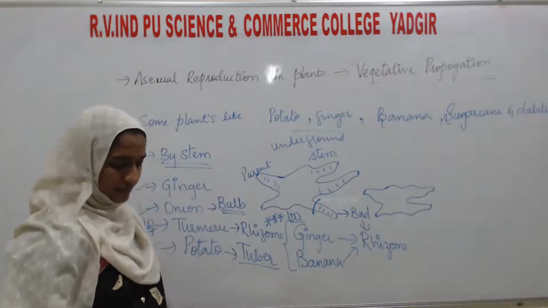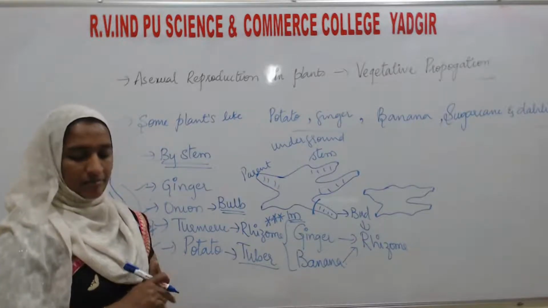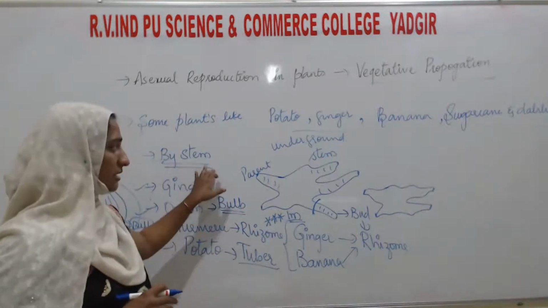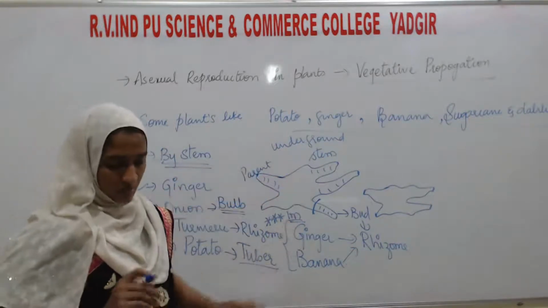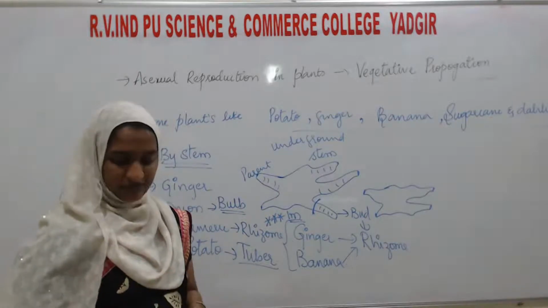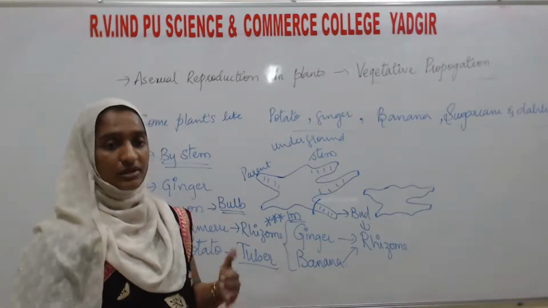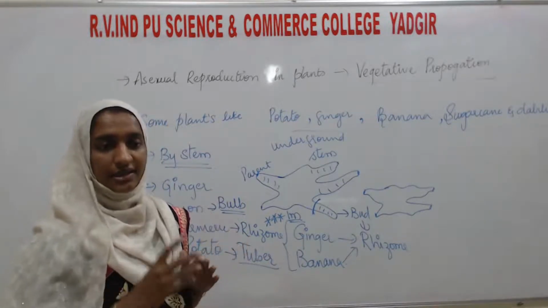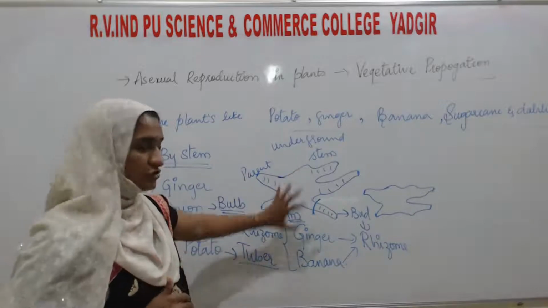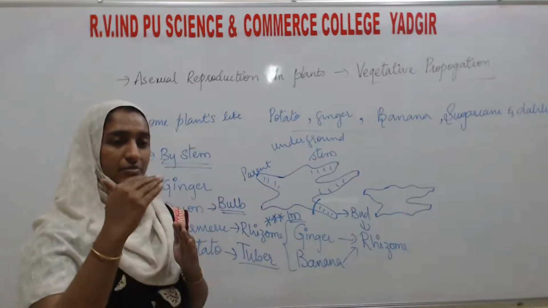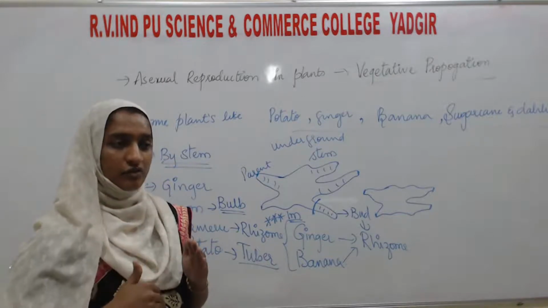Then next, one more example is there, aerial stem. We will see here by stem, that is the underground stem. One more example is there, subaerial stem or the creeping stem, what we call. Then we will go for the aerial, totally above the ground level, that is the aerial stem. Before that, this is totally underground. Subaerial means located in between the ground and the soil.